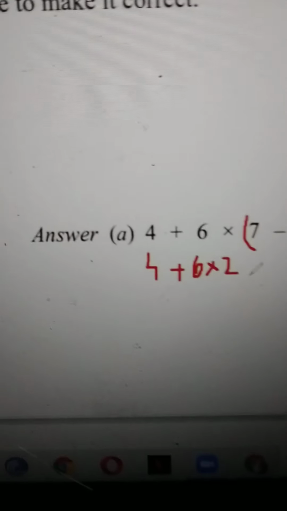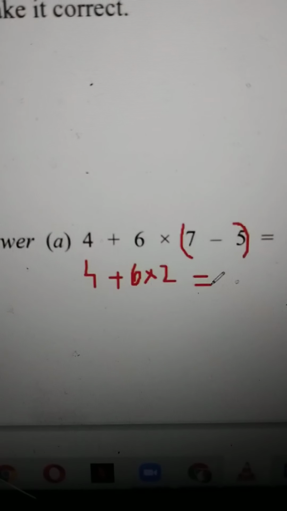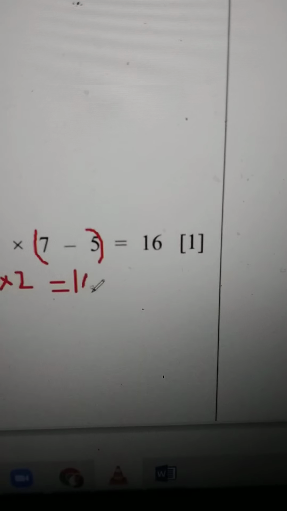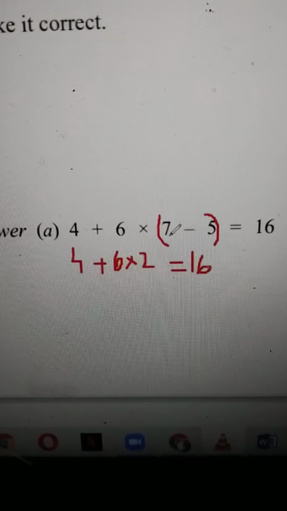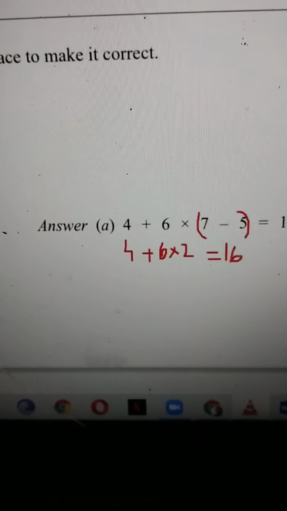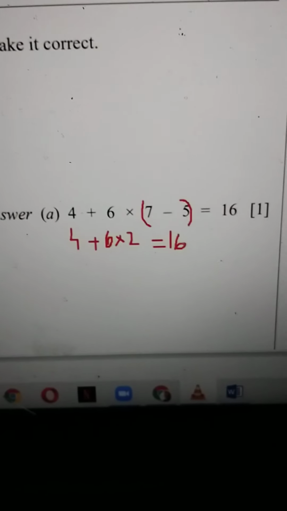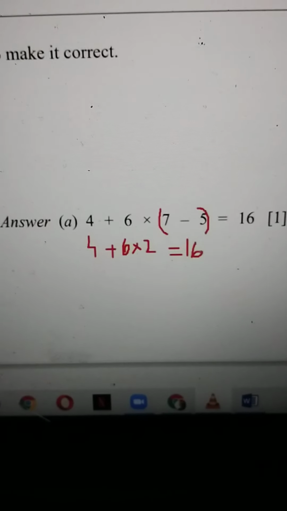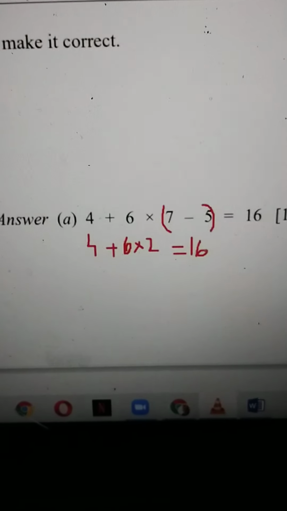So 12 plus 4 equals 16. So this is the right place where we have placed the bracket. You have to place the bracket such that you get the correct answer, which is given on the right hand side.